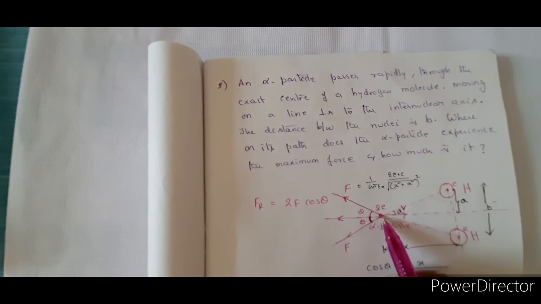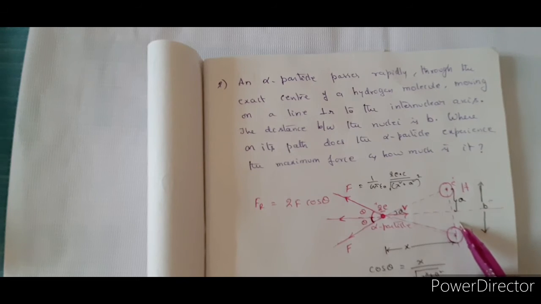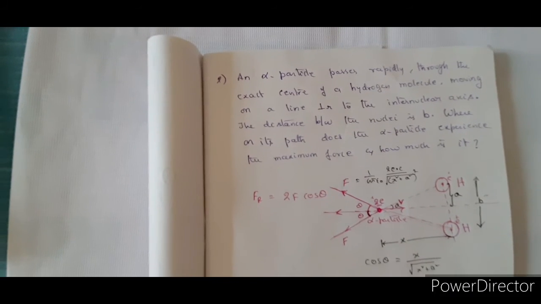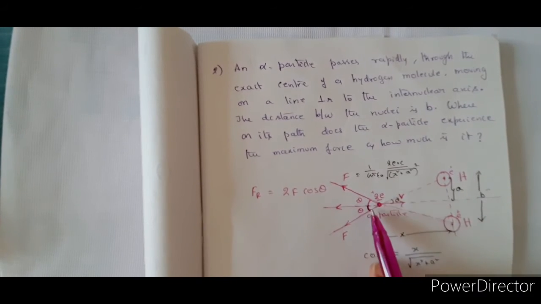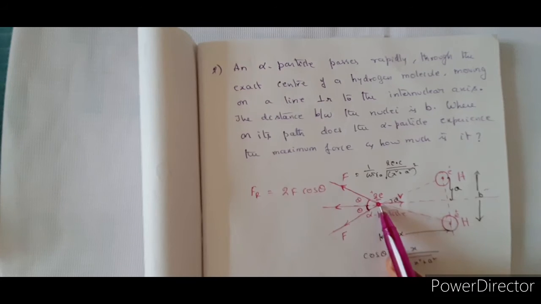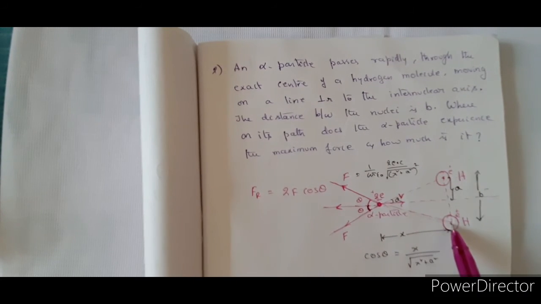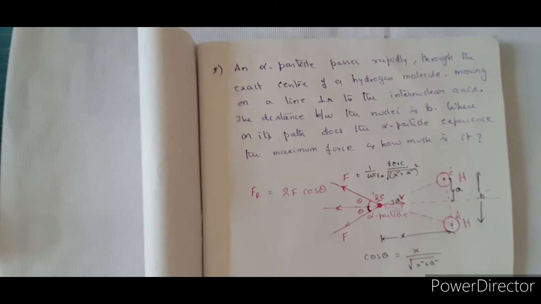That means alpha particle here is of plus 2e, the nucleus is of plus e, here is also plus e. That means positive charge. Here a positive charge is trying to move towards two positive charges. What is happening? There will be a force of repulsion in this direction because of this nucleus, and a force of repulsion because of this nucleus.